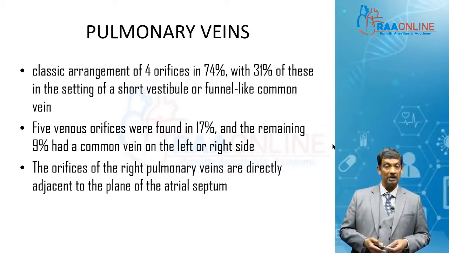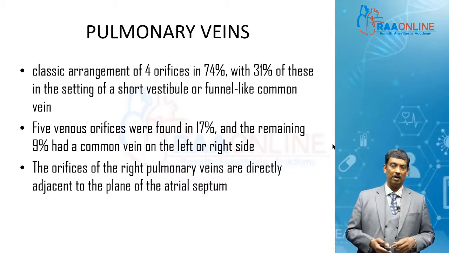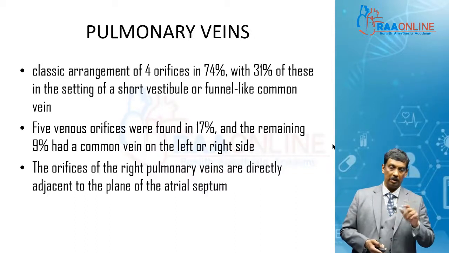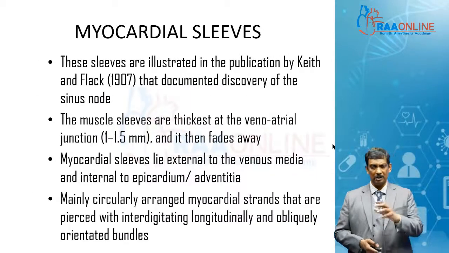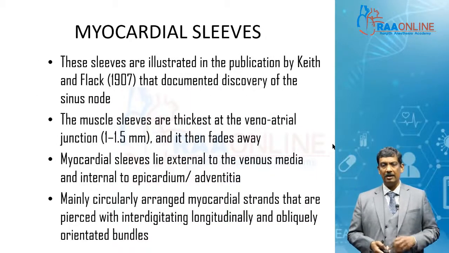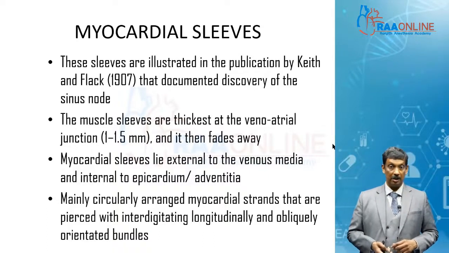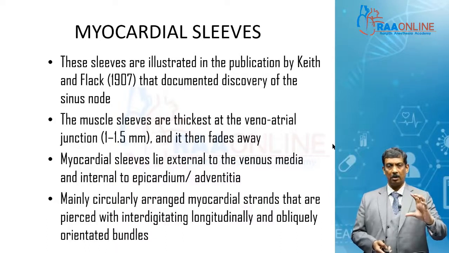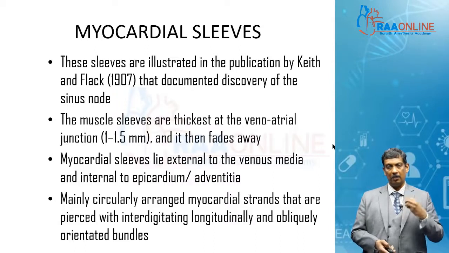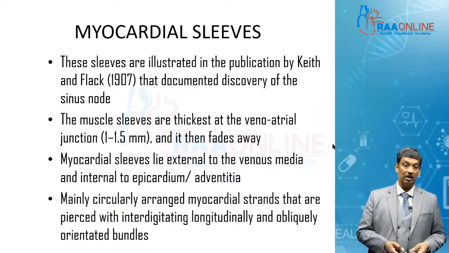The radiofrequency ablators concentrate on isolating the pulmonary veins during their ablating sessions. This is because of the presence of these myocardial sleeves. These are muscles which, again, was described by Keith and Flack, which go into the pulmonary veins, and they may have electrically unstable areas which can trigger off atrial fibrillation.